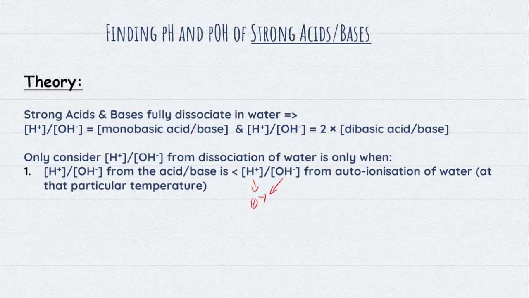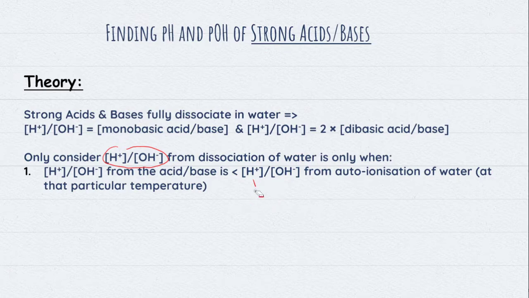If the H+ or OH- from the acid or base is less than 10 to the power minus 7, then we need to include this as well. Let's say it is 10 to the power minus 8, then we need to do 10 to the power minus 8 plus the autoionization of water.